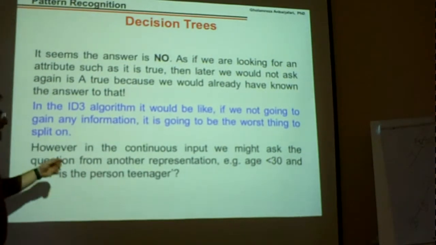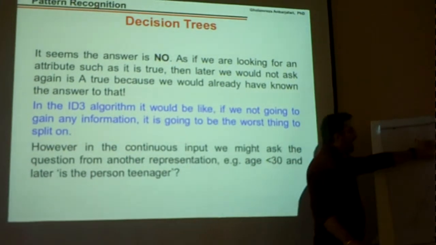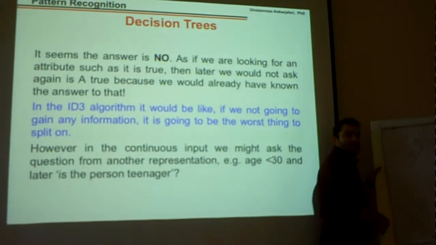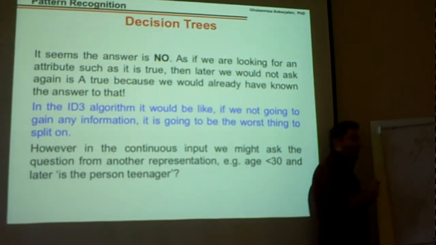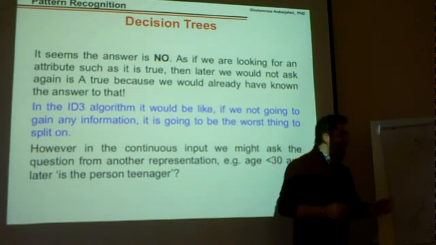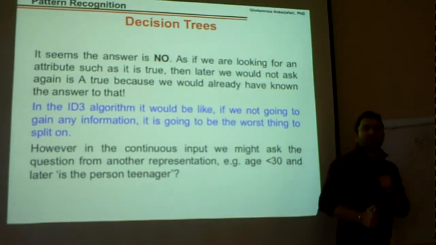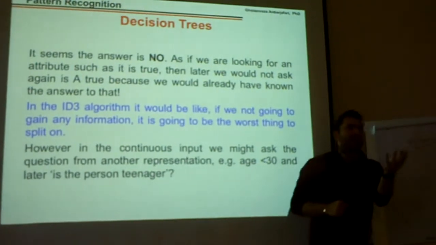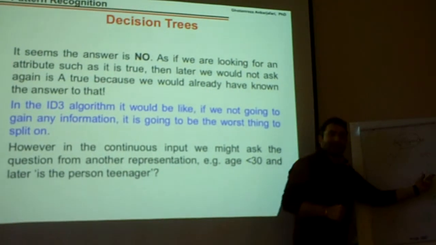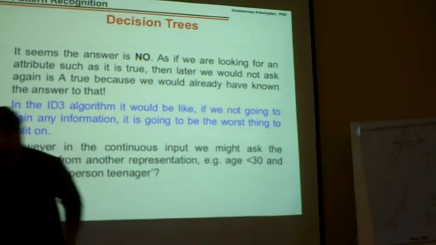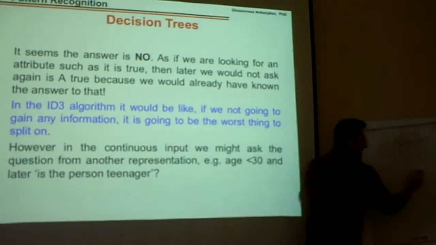Is the age less than 20, or greater than 20 and less than 30? And I say yes. Okay? And I go on to something else. And imagine the answer is false. Can I ask a question about age to say, is the person a teenager or old? It is about age, and the answer to this one can actually give me very good information. Why?